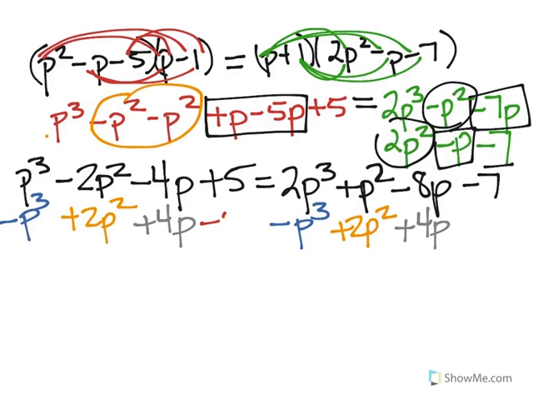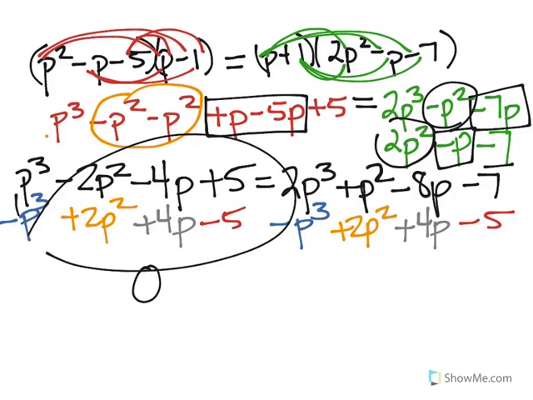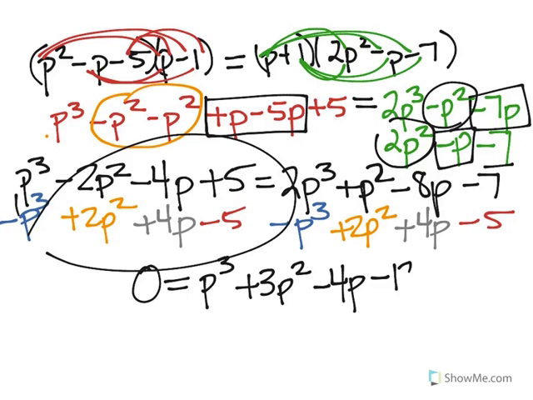And the last one, I'm going to subtract 5 from both sides. This is where we get all of this to cancel. We get 0 is equal to p cubed plus 3p squared minus 4p minus 12.